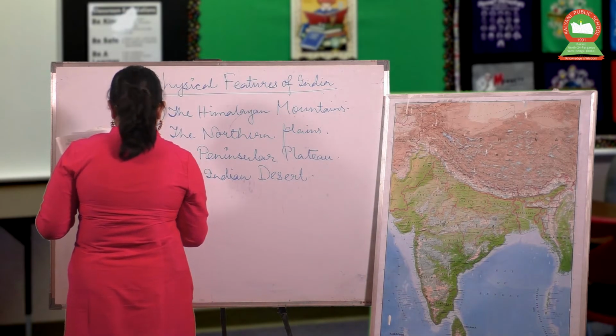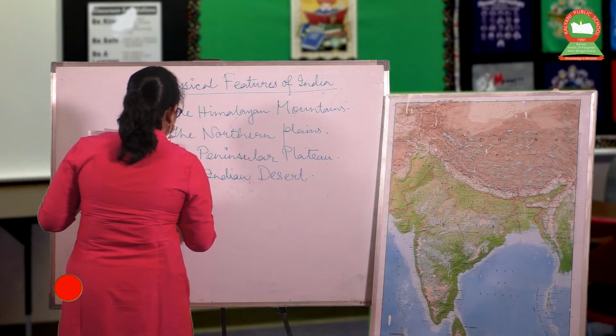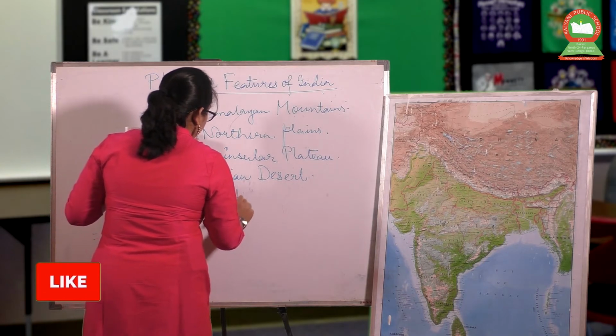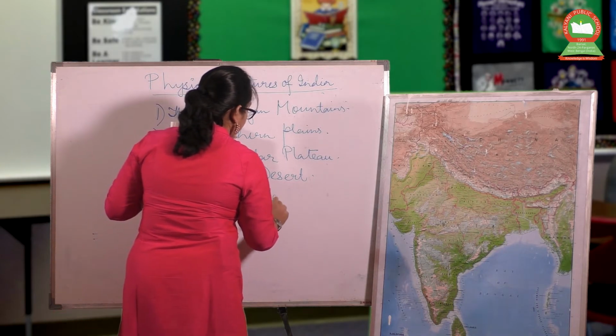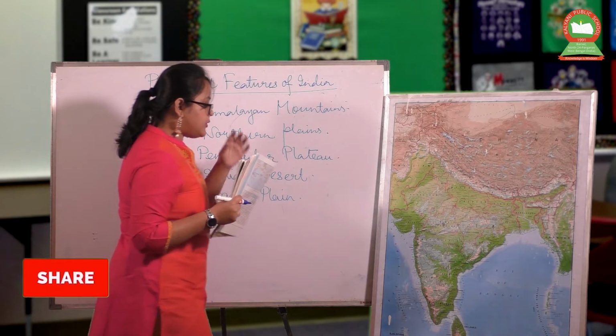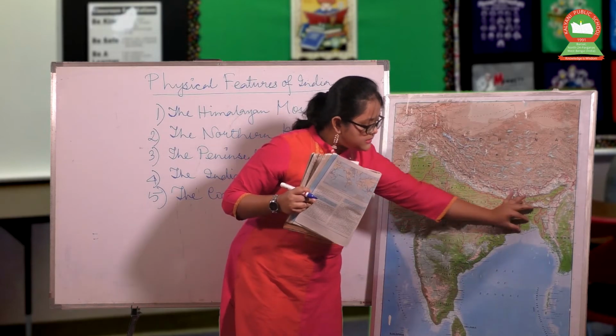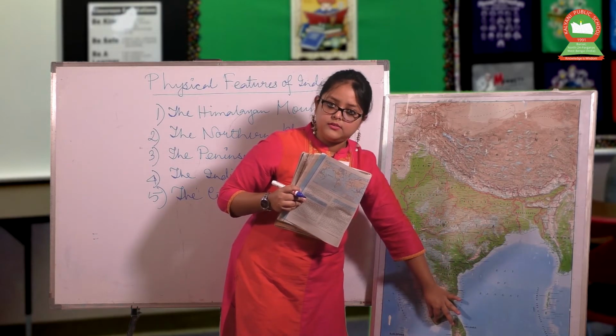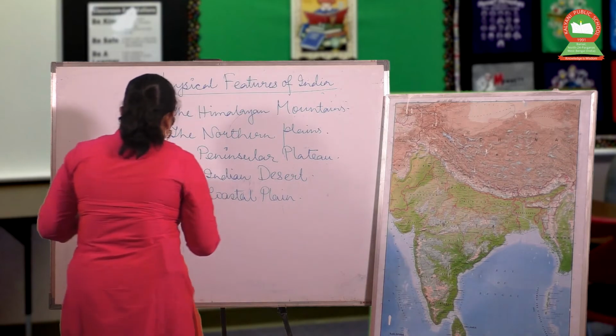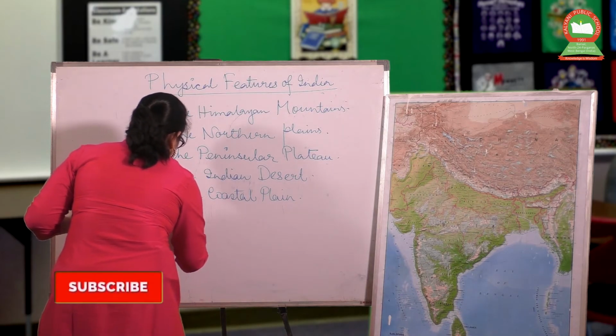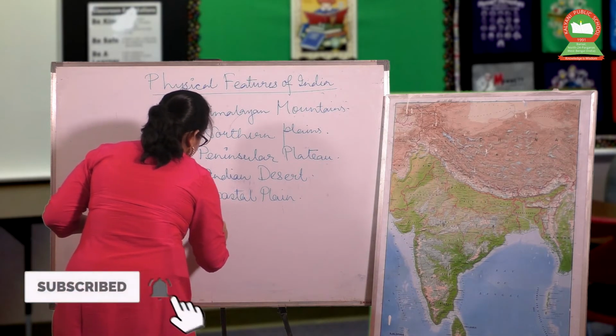The fifth one will be the coastal plain. The coastal plain will be of two areas, the western coastal plain and the eastern coastal plain. And the sixth one, the last one, will be the islands.